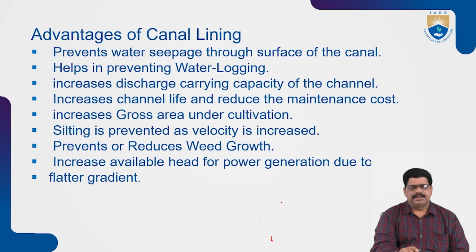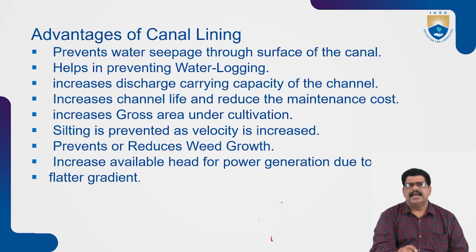Next, silting is prevented as velocity is increased. In the previously unlined canal, what happens? The mud particles will be stagnated there, the discharge will be less, and the water cannot flow freely.